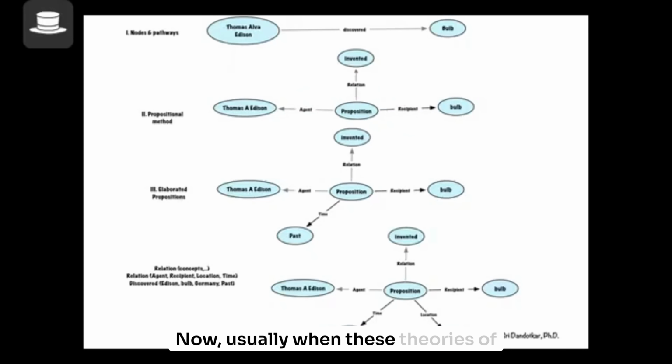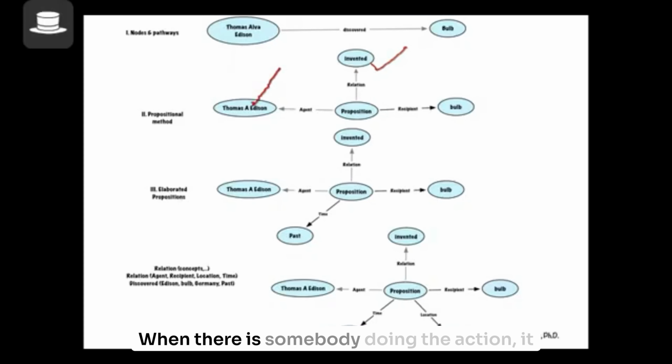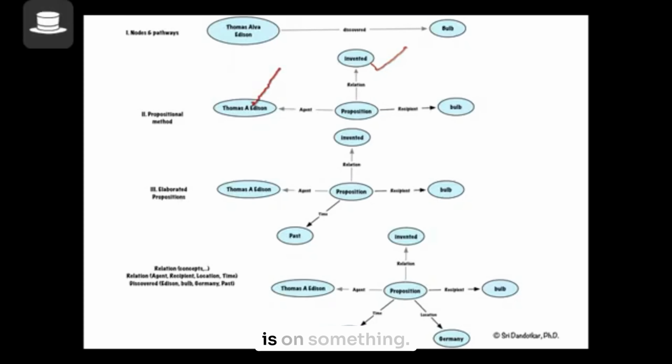Usually when these theories of comprehension were written, most of the text that was read was narratives, the novels, the stories. And most of the stories have some kind of event that unfolds, and this event has some form of action, right? And when there is an action, there is somebody doing the action, and it is on something.